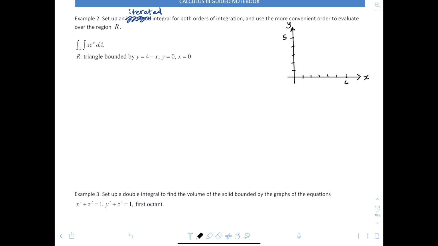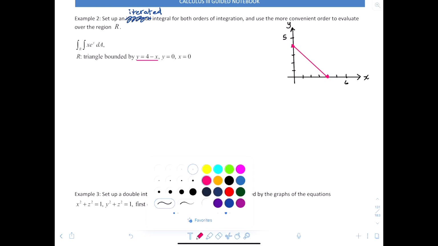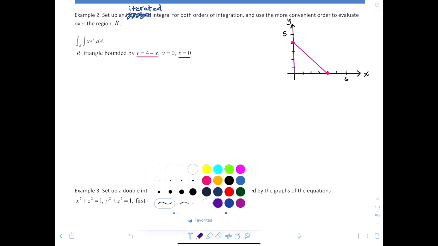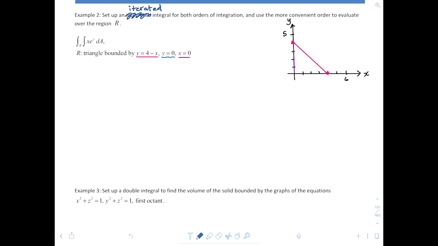Okay, so our picture would look like that, and that represents the line. Then x = 0 and y = 0 are our bounds. And then this is our region.